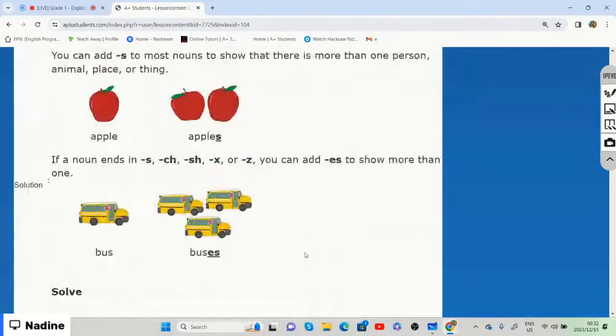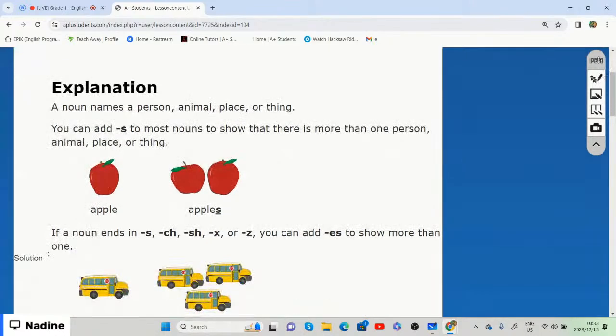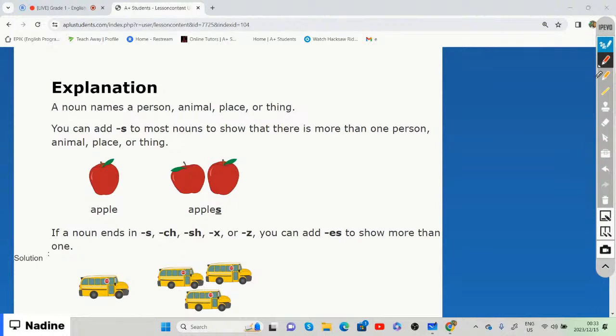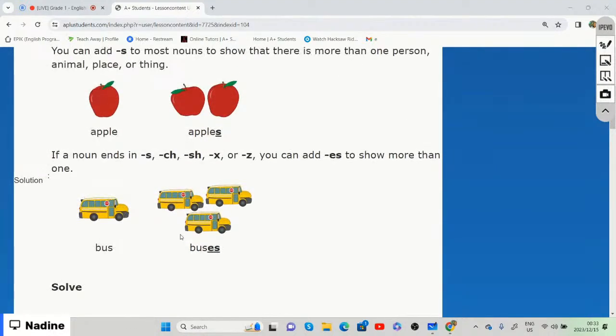All right, so now we're either going to add an S or we're going to add an ES to show that there is more than one, to show the plural, right? So 1 plus S. So if we say 1 plus S and we give the specific answer for 1 plus S, then it is ones, right?